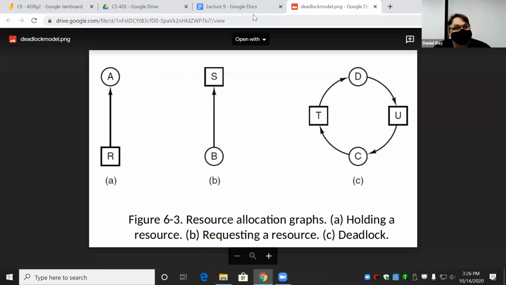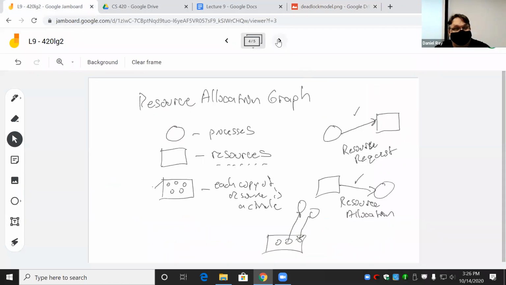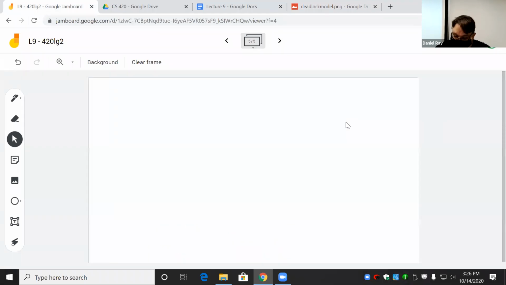So with this, let's talk about possible state transitions that can happen in the resource allocation graph. Transitions that affect the resource allocation graph.